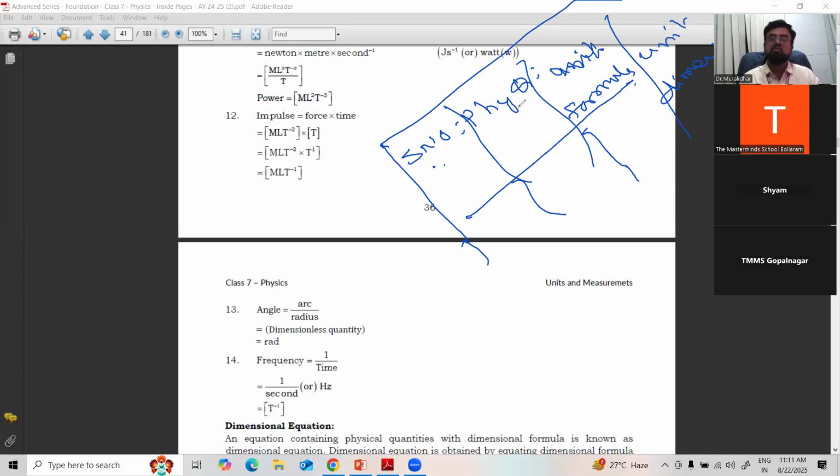Serial number, physical quantity. For example, first you start with mass. Formula: mass is nothing but M only. Unit: mass unit is kg or gram. Then what is the dimension? M1. Like that, you can write for all the quantities. Here we have 14 only, but when you go earlier in this chapter you can find many more.